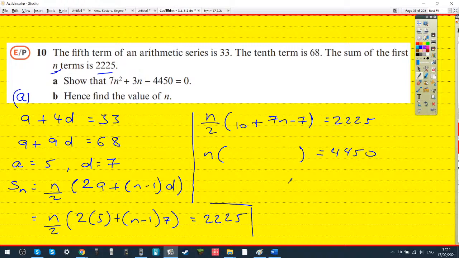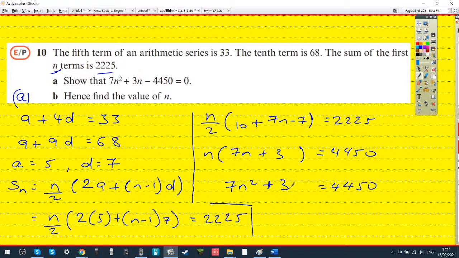Then we expand the bracket again, so 10n plus 7n squared minus 7n equals 4,450. So if we simplify that, then we get 7n squared plus 3n minus 4,450 is equal to 0, which is what we want.